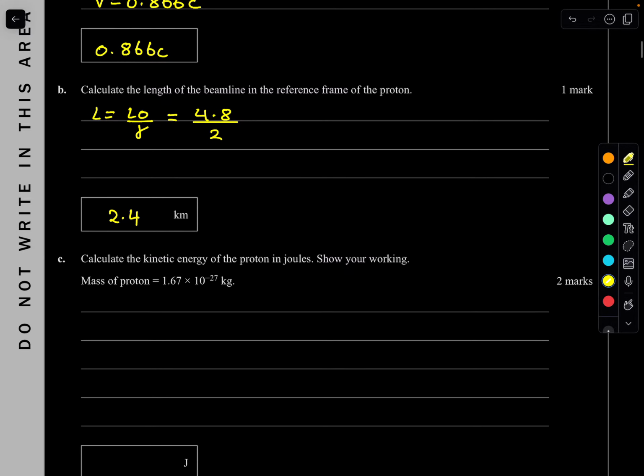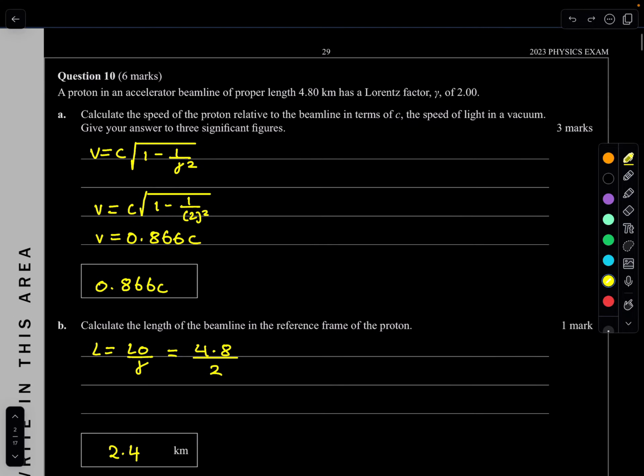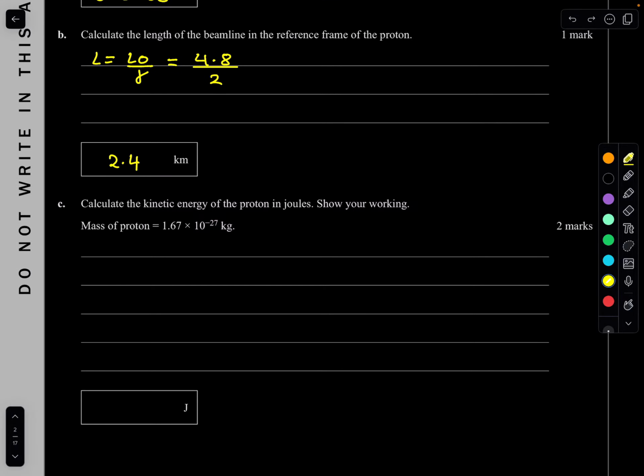Normally when you get questions, you sometimes get confused, but they would normally give you a statement like, ignore relativistic effects. Here, they haven't said that. So this question is about relativistic kinetic energy, because remember, you're going close to the speed of light. So we know that kinetic energy with relativistic effects is your gamma minus 1 times mc squared.